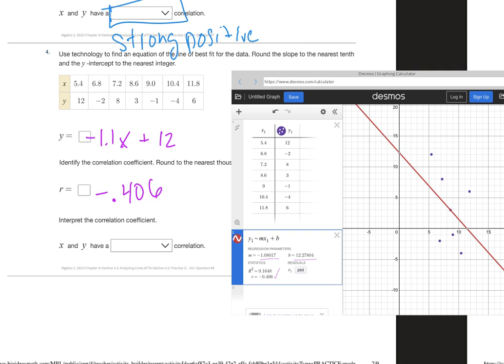The x and y have a weak negative correlation. If you're not sure why it's weak negative, well, it's weak because r is not really close to 1 or negative 1, and it is literally a negative number because of the negative slope.